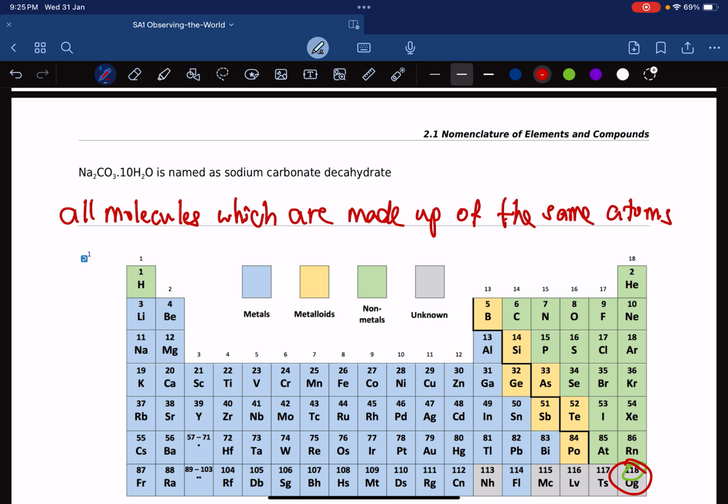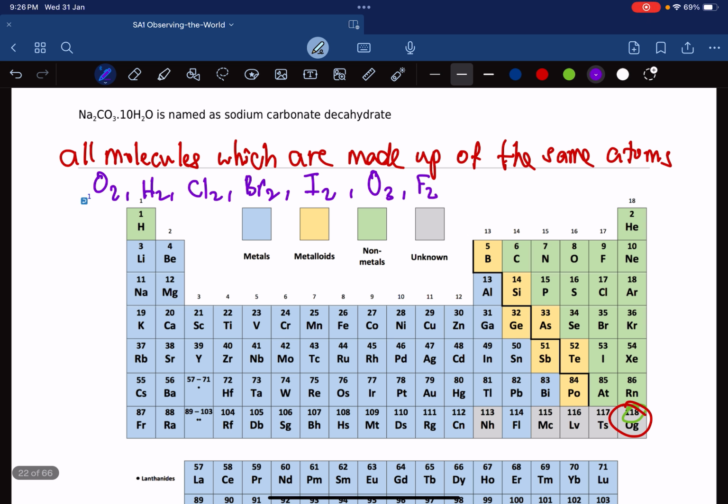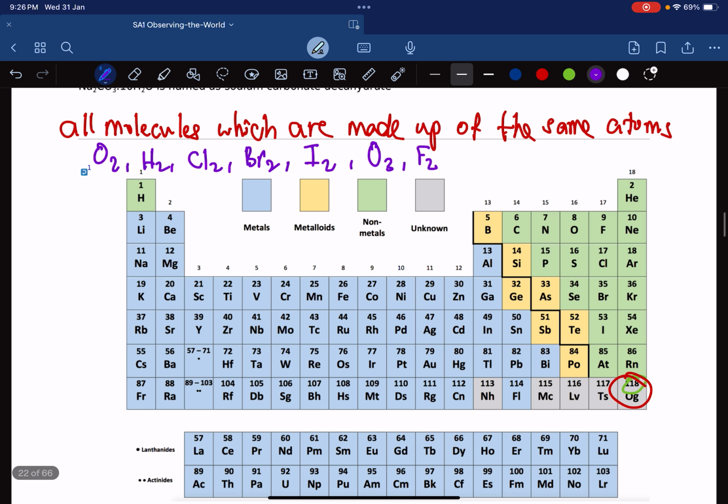For example, oxygen, hydrogen, chlorine, bromine, iodine, ozone, fluorine, all of these are classified as elements as well. So everything on the periodic table is an element, and all molecules which are made up of the same atom are classified as elements.